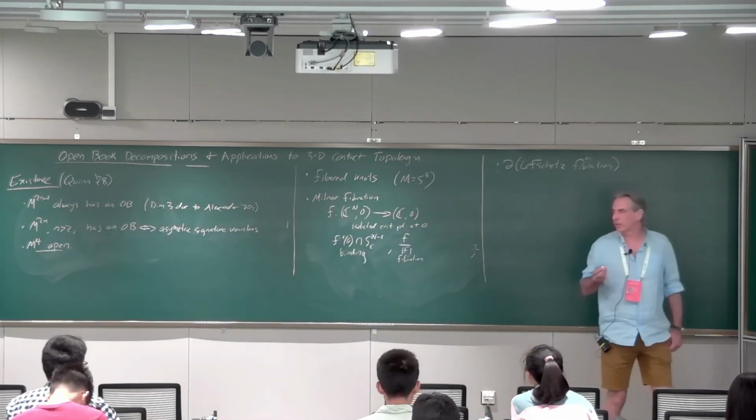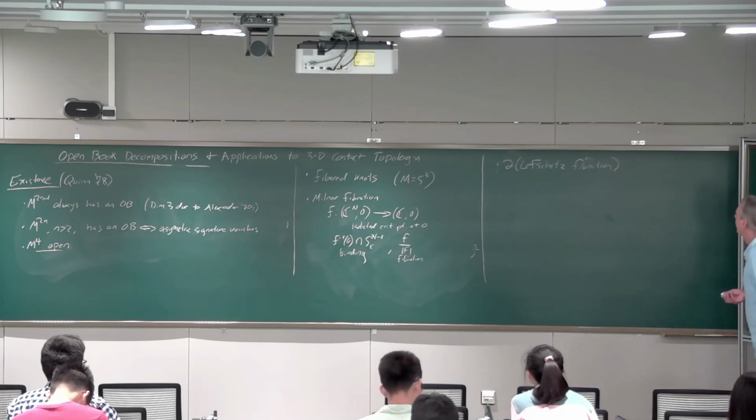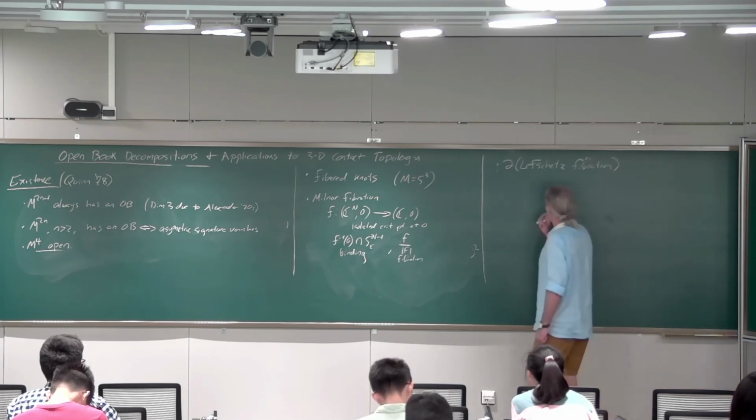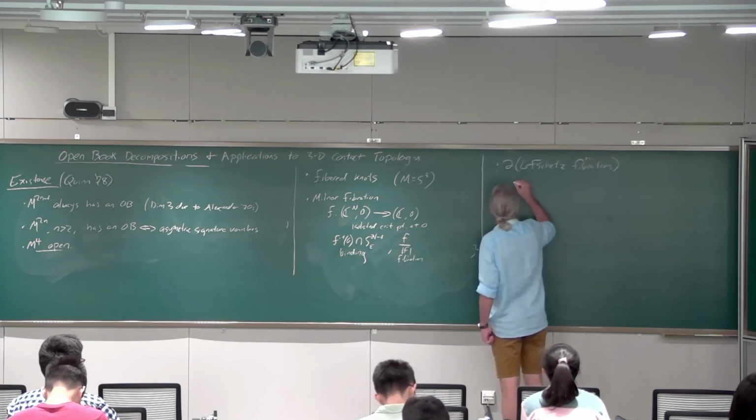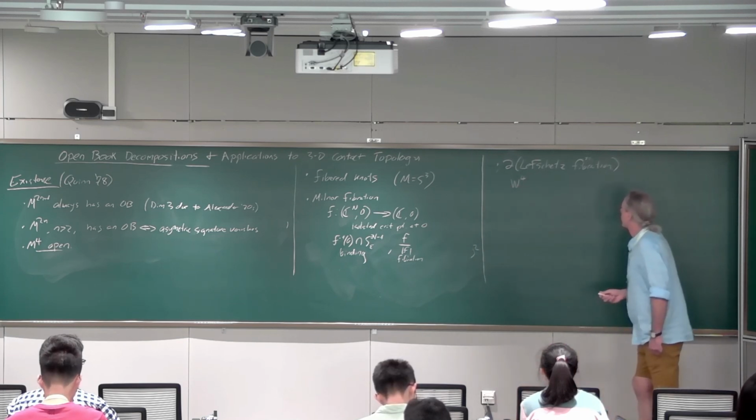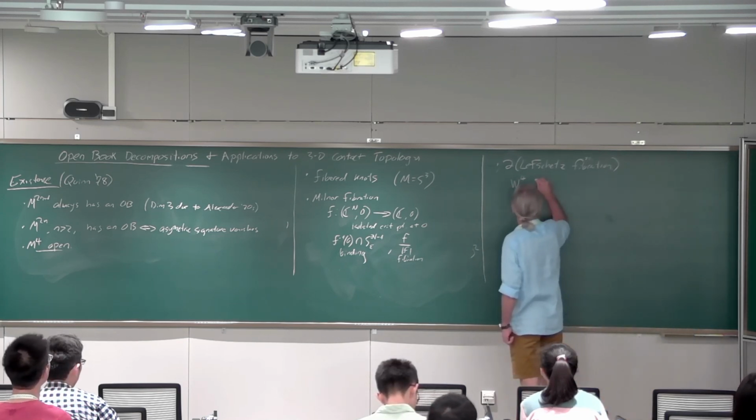In a few minutes, I'll tell you why I want to restrict to 4 dimensions, but just bear with me for now. So what is this? We should have some map from a 4-manifold, I'll say W^4, and this one will have boundary.